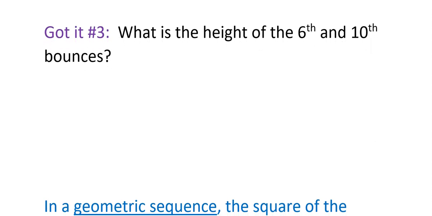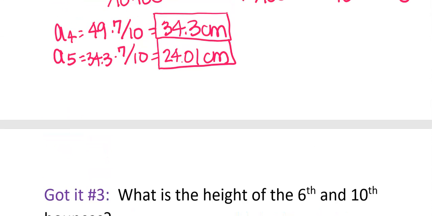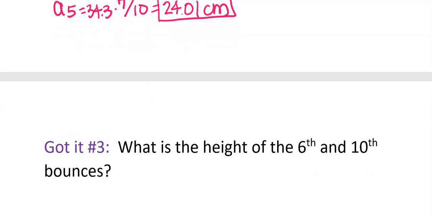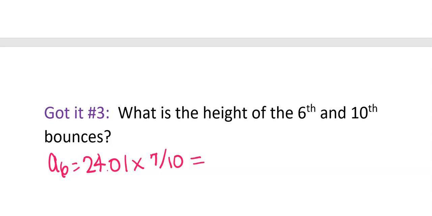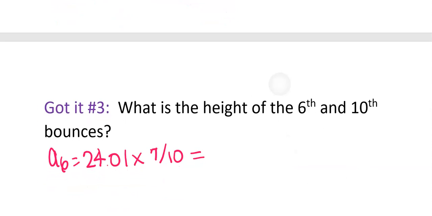Now, what is the height of the 6th and 10th bounces? Again, you're not that far away from getting those, so I would use the answer that I just got, 24.01 times 7/10, which is 1680.7. Okay, wait, that doesn't make sense. Okay, I didn't use a decimal. 24.01 times 7/10 is 16.8.